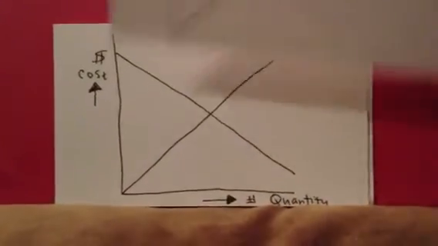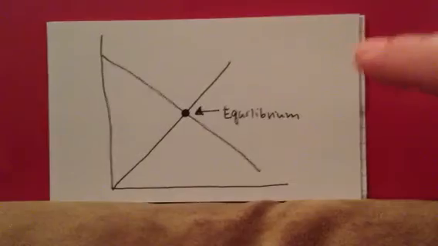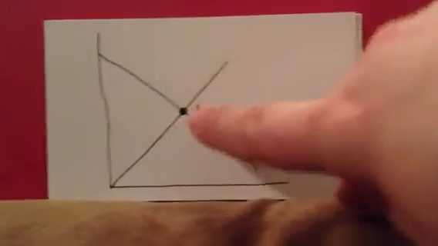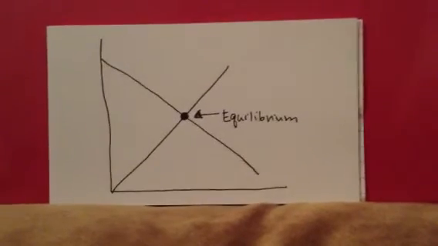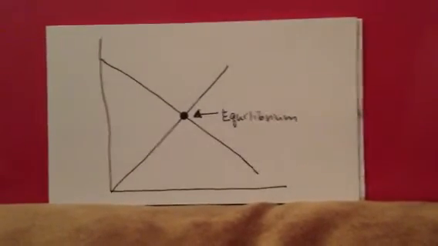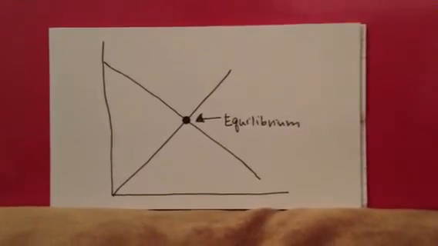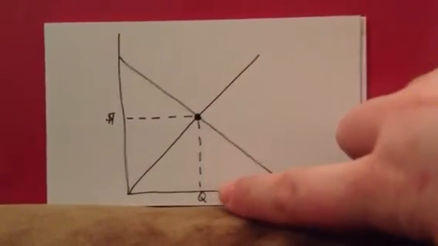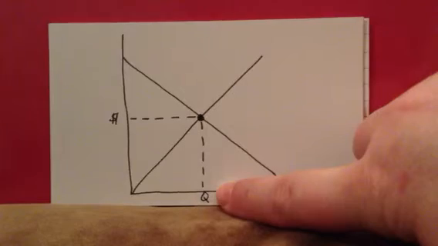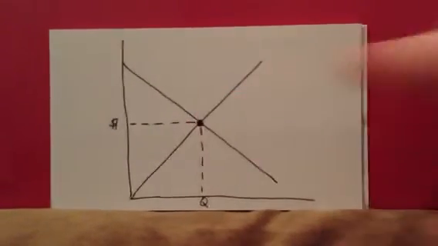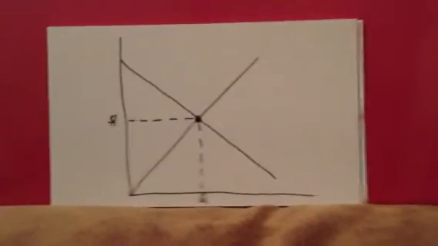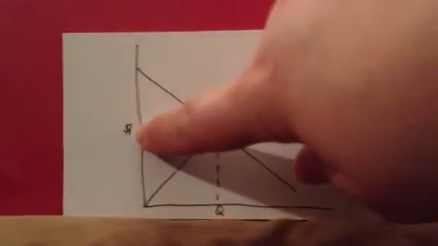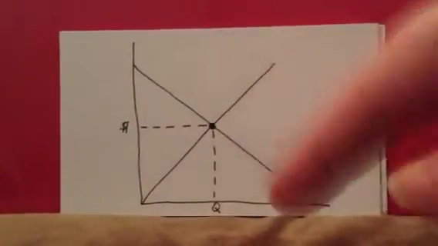The next thing we have is where the supply and the demand meet each other. You have the equilibrium. This is the point where the supply and the demand curve cross each other. When you have both of those and you draw these dashes out, you end up with quantity here. Remember we talked about quantity on the horizontal, which is how many. And then you've got the amount on the vertical, so the rising cost.